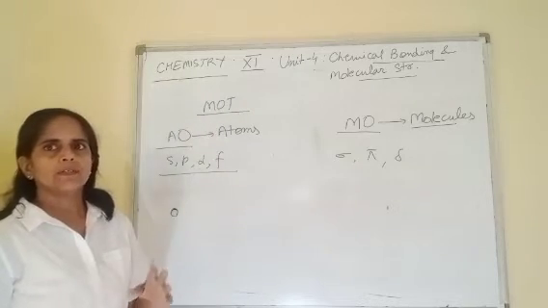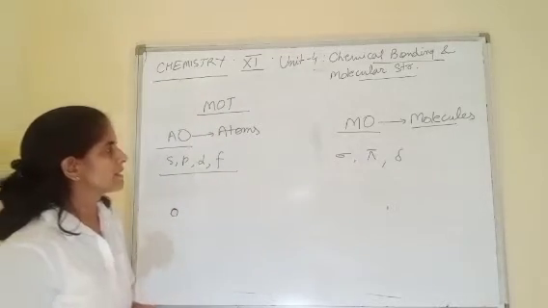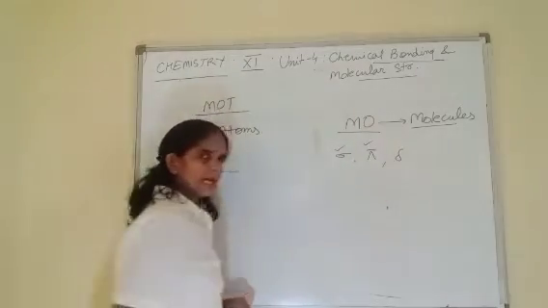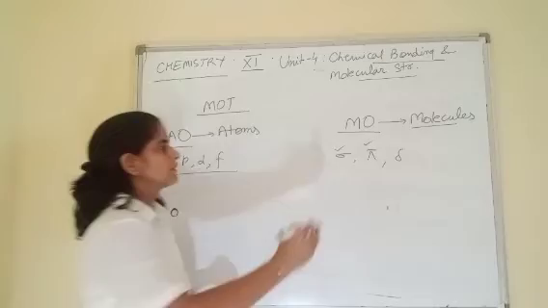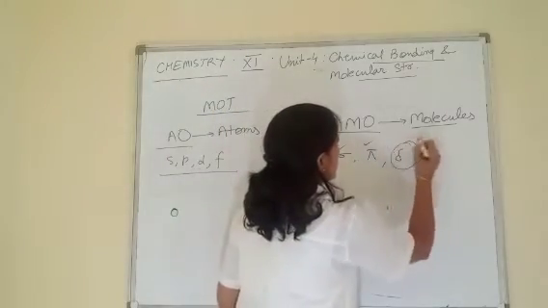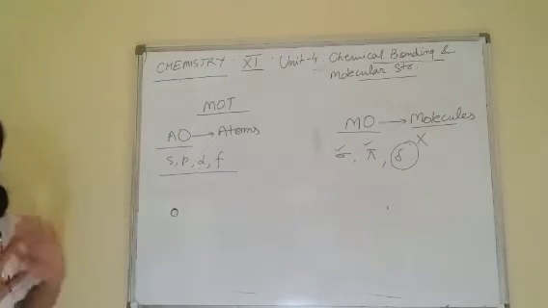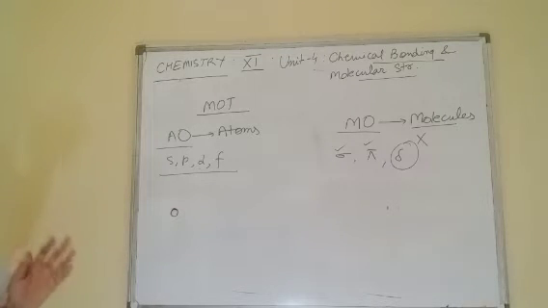In this unit, we will be discussing sigma molecular orbital and pi molecular orbital, but we will not be talking about delta molecular orbital because this is not a part of our curriculum. Got it? Now coming to the types of molecular orbitals.